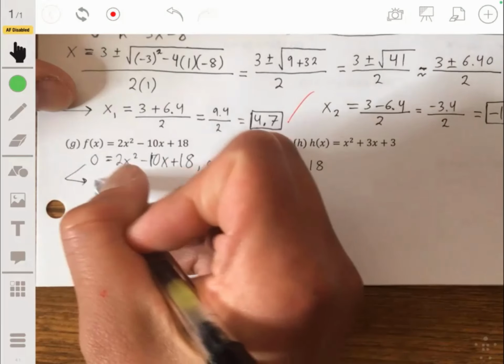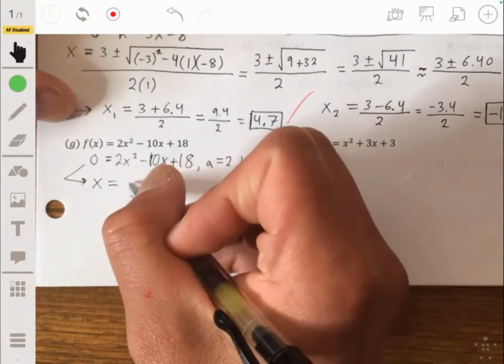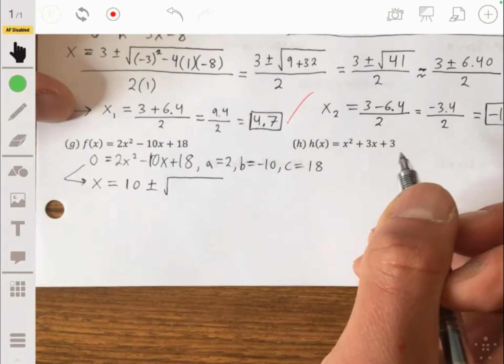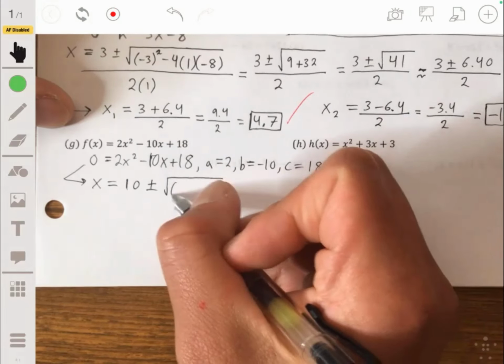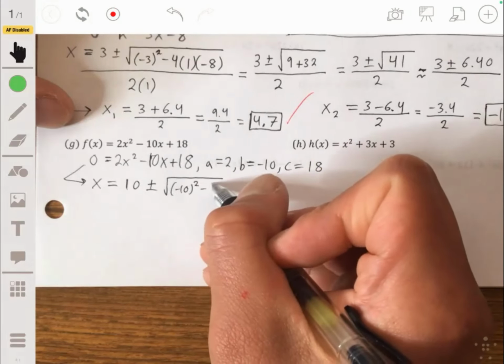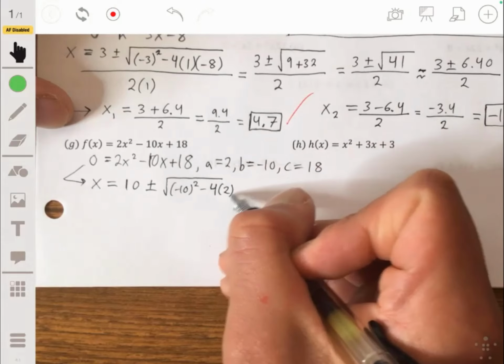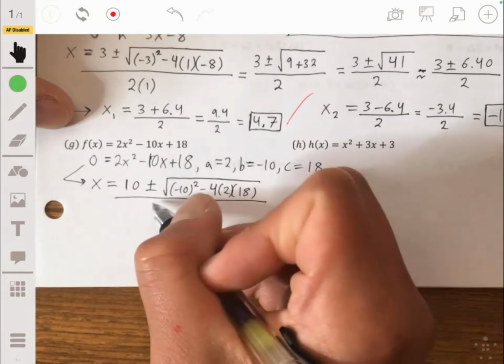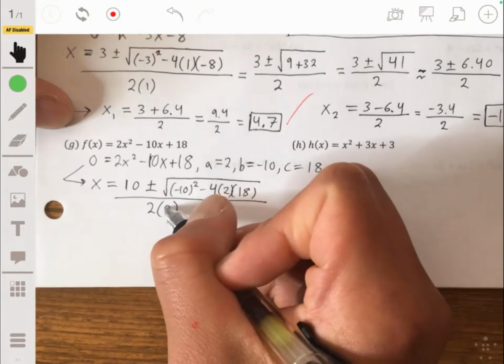And so we'll get x equals negative b, so positive 10, plus or minus the square root of b squared, so negative 10 squared minus 4 times a times c, all over 2a, so 2 times 2.